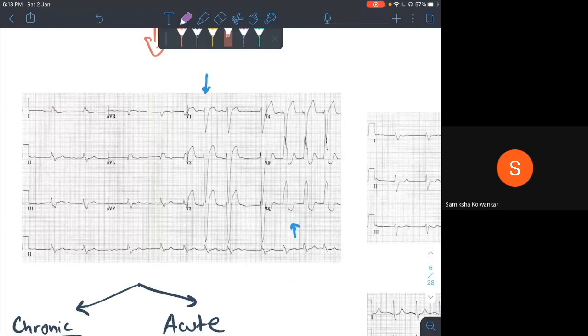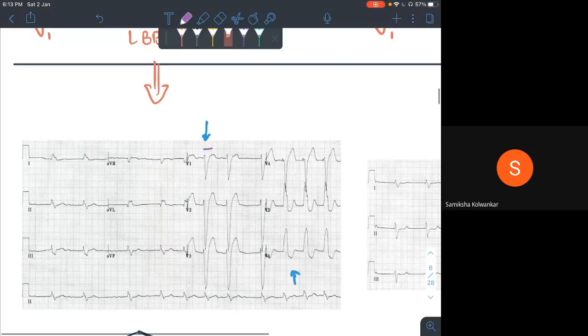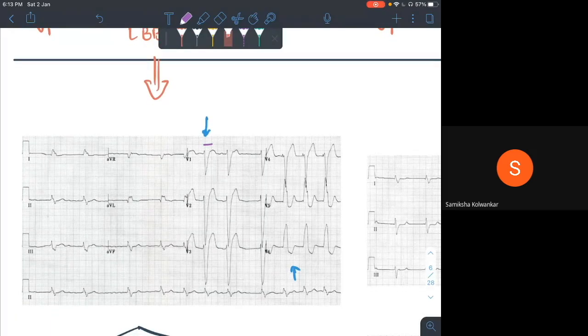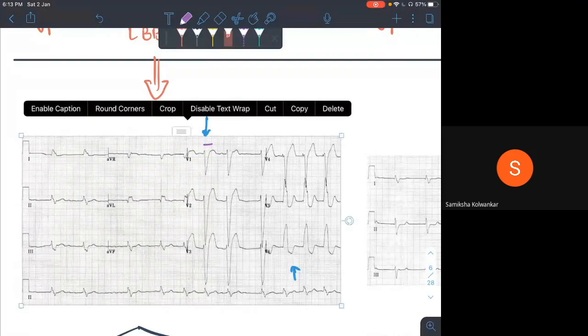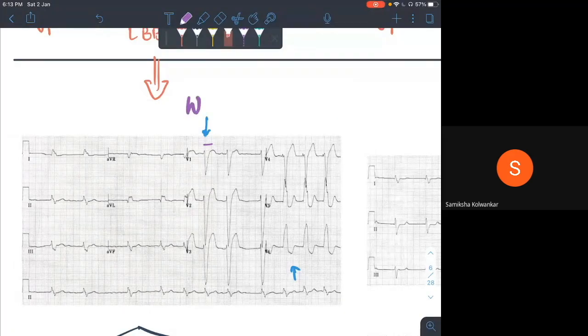So if you look here, the first rule was that your QRS complex needs to be greater than three small blocks. This is definitely greater than three small blocks, and therefore it is greater than 0.12 seconds. Next, the problem with the left bundle branch block is that the W here is really not that distinct. You can't really make out if this is a W or not, right?